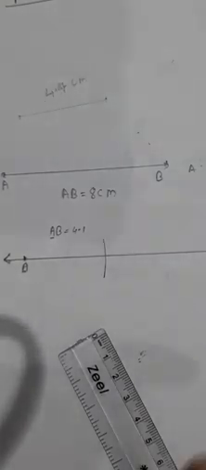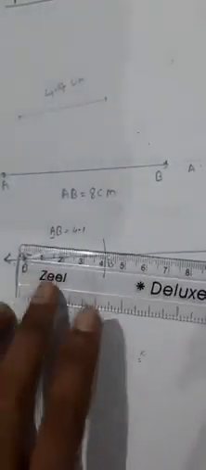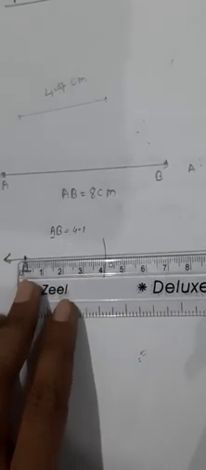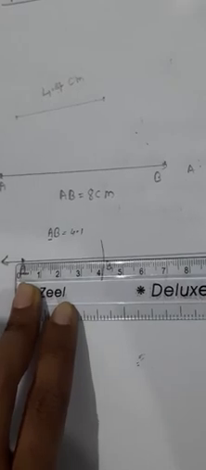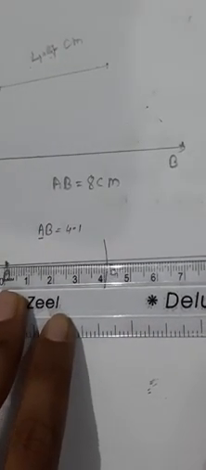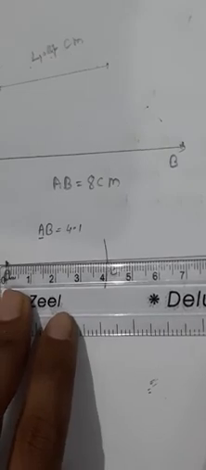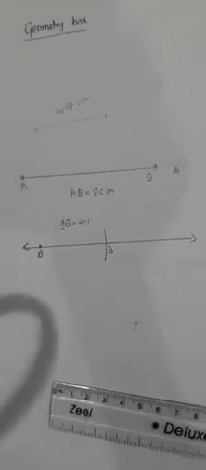So it is your point B. When you measure, you are going to get the exact measurement of the line, 4.1 centimeters. This is how you are going to draw a line.